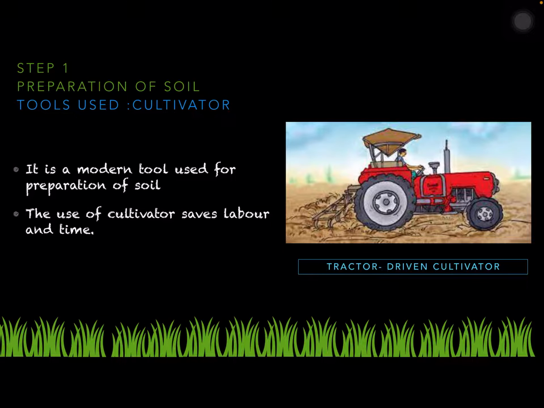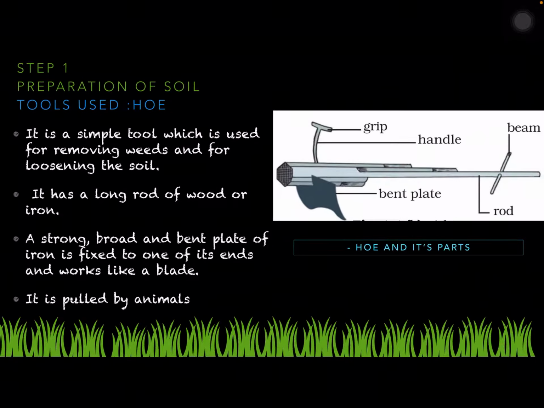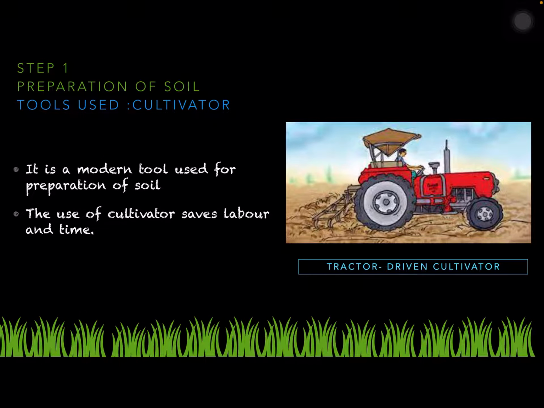Now, cultivator is the modern tool that is used for preparation of soil. See, the earlier things we discussed, the hoe or the plow, require a lot of time and labor. But this modern method saves labor and time.